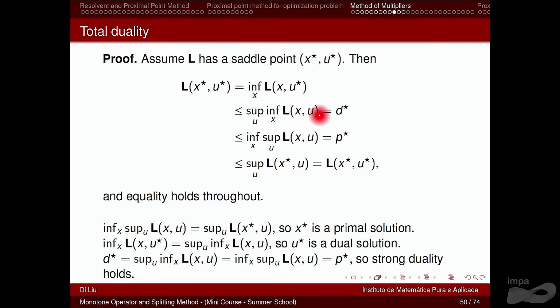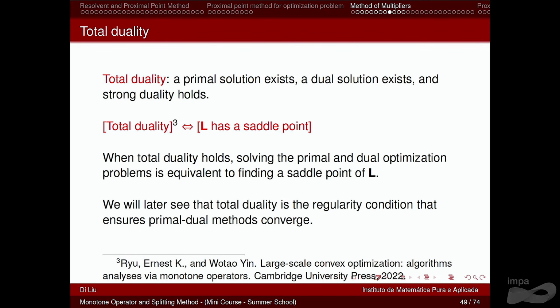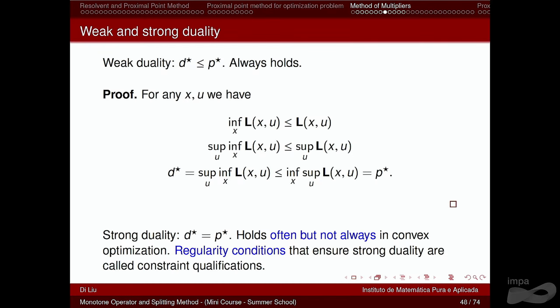And this is the optimal value of the dual problem, and we already proved it because of the weak duality. What is weak duality? Let's go back a little bit. Weak duality says D star is less than or equal to P star without any constraint qualification.